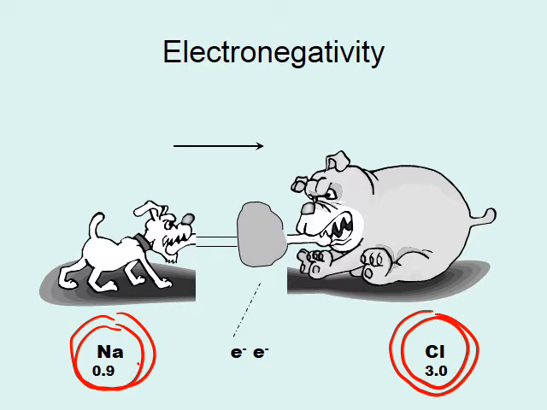Now if you put those electron pairs somewhere here, Cl being much stronger, and the difference in this case being more than 1.9, obviously you'd expect this electron pair would be completely shifted from the center towards Cl, and that would give Cl a negative charge, and sodium is going to lose its share of electron, so sodium would become sodium plus.